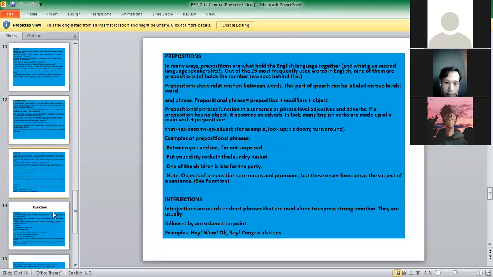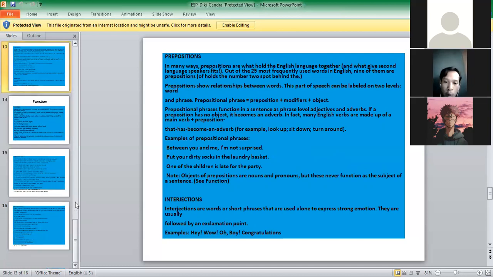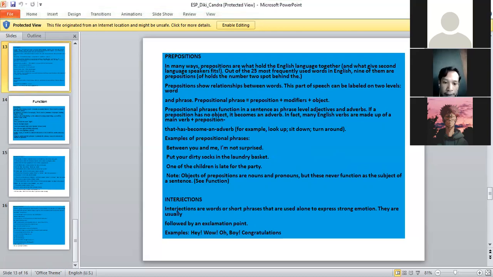And then prepositions. In many ways, prepositions are what hold the English language together and what gives second language speakers fits. Out of the most frequently used words in English, nine of them are prepositions. Prepositions show relationship between words.